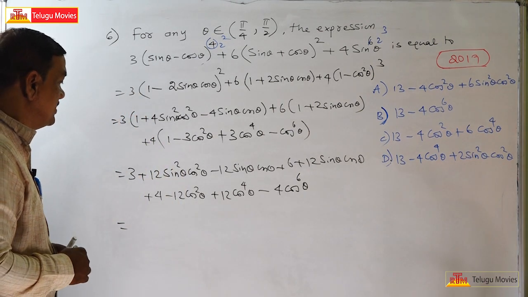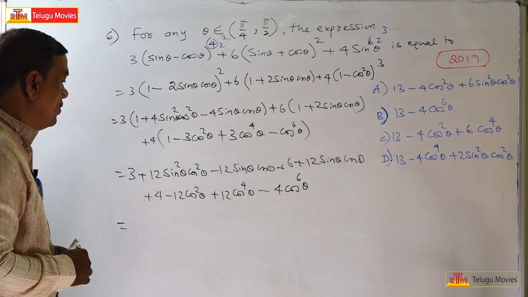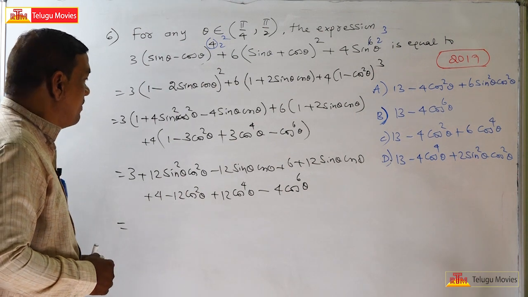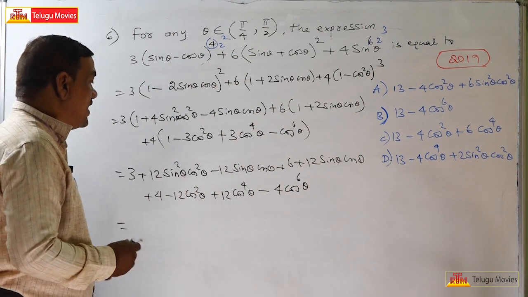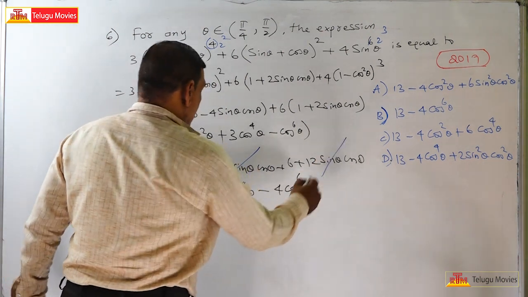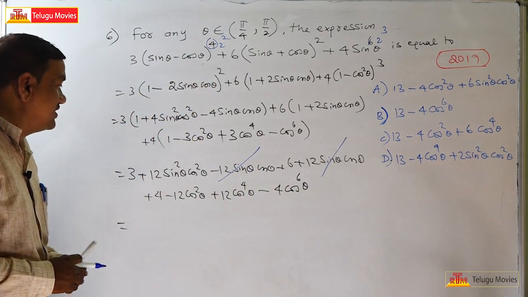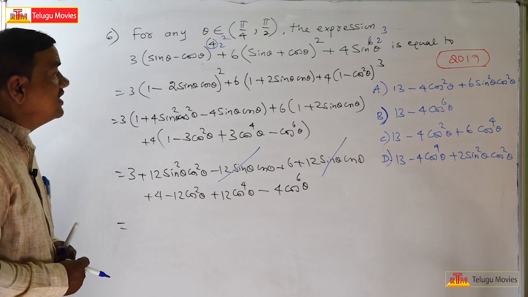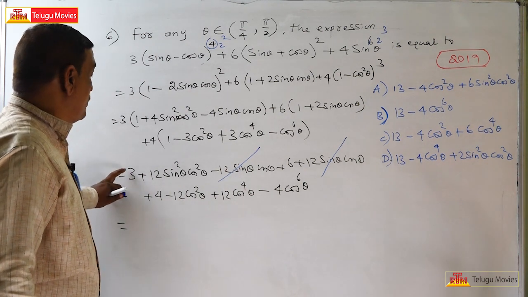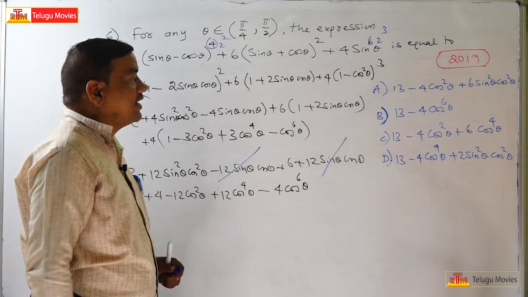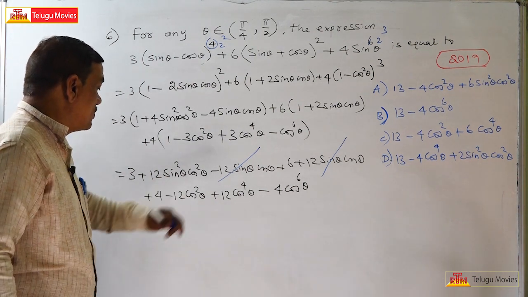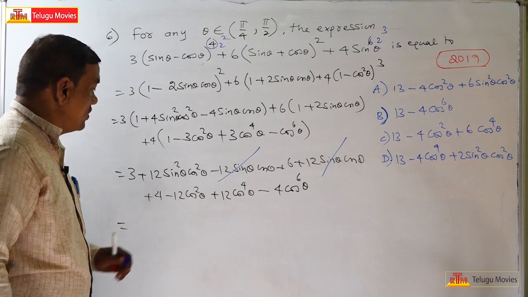So any more cancellations? Okay now. So we will do like this here, 3 plus 4 sin square theta cos square theta minus 12 sin theta cos theta. So here one cancellation is clearly there, minus 12 sin theta cos theta plus 12 sin theta cos theta. So one cancellation is there, and one more cancellation is, see here, 3 plus 4 plus 6, okay, right. So one more cancellation, let us see this cancellation, 12 sin square theta cos square theta, 12 minus 12 cos square theta plus.